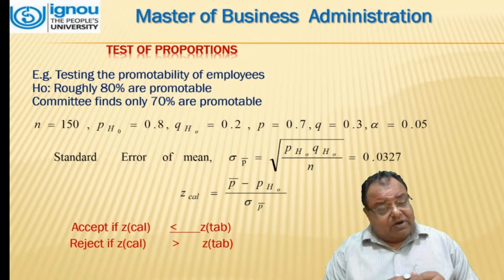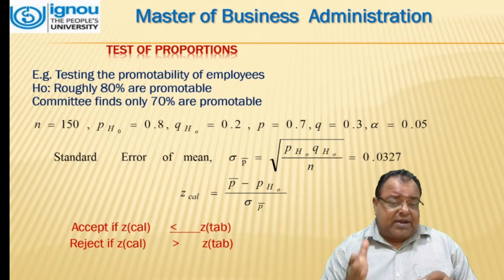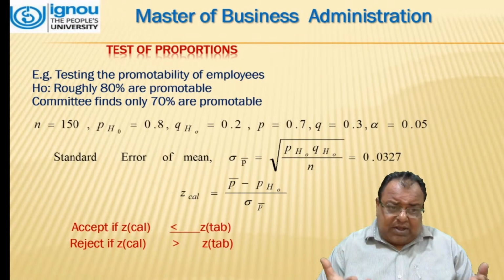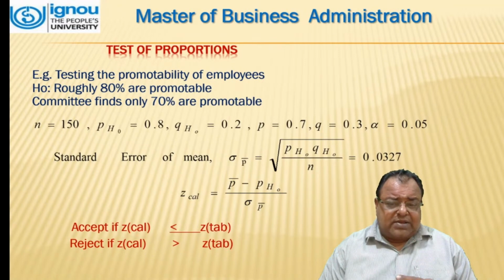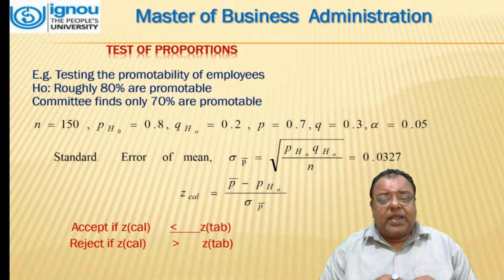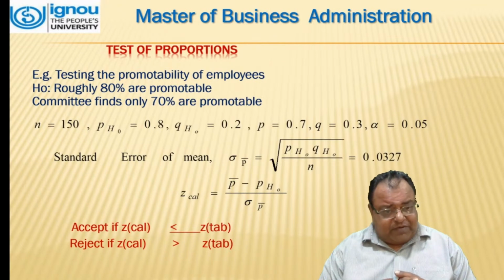That means Q H naught will be 1 minus 0.8, that is 0.2. What the committee concludes is P bar equal to 0.7, Q bar will be 0.3, 1 minus P, and your alpha will be 0.05.